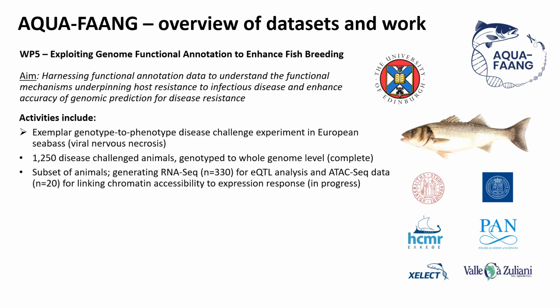This includes a major genotype to phenotype viral disease challenge study in sea bass, with over 1,000 challenged animals that have been genotyped already to whole genome level, and a subset are currently being used for RNA-seq and ATAC-seq data generation. The RNA-seq data will be used in an eQTL type approach, and the ATAC-seq data will be used to help prioritize variants in QTL identified.